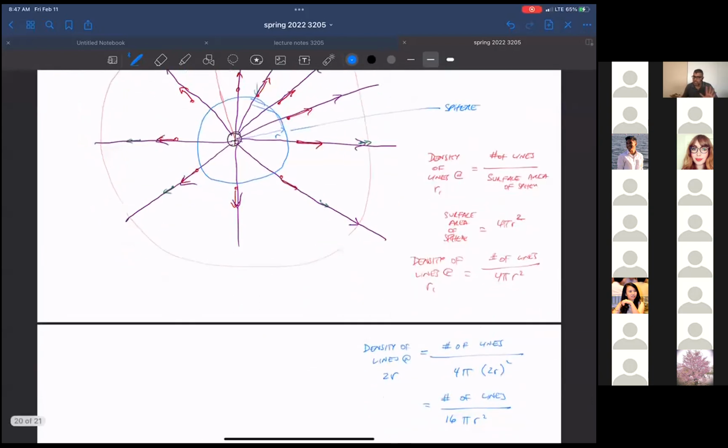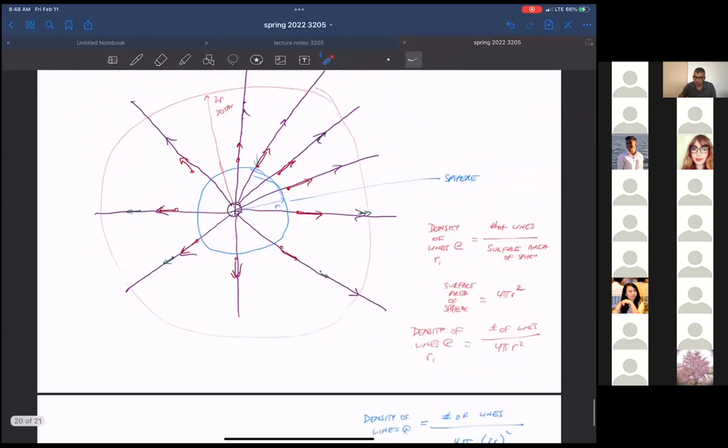Okay, so look at what happened here. We said now these lines represent the direction, and the density of the lines, how dense these lines are, represents the strength of the electric field. So the density of the lines at a distance of r away is the number of lines divided by 4 pi r squared.